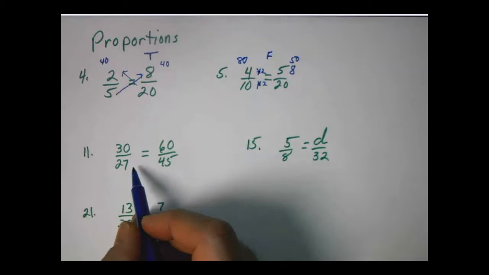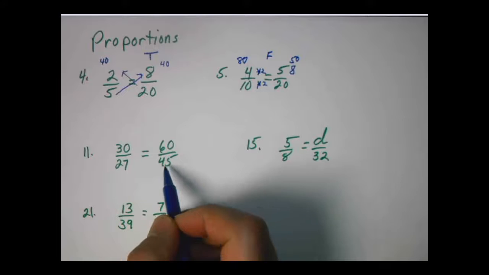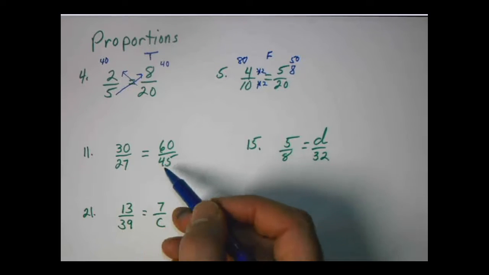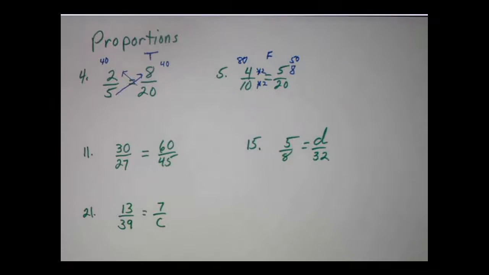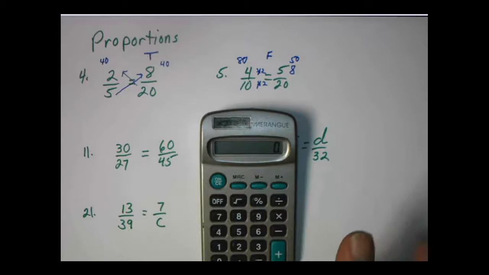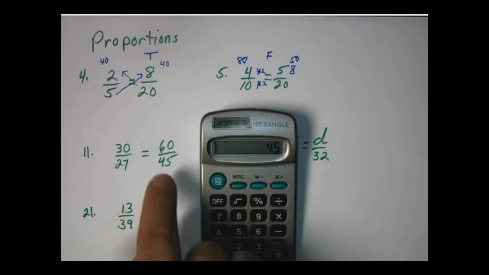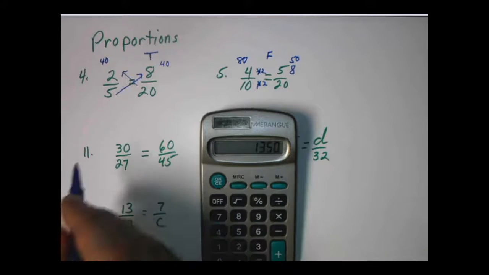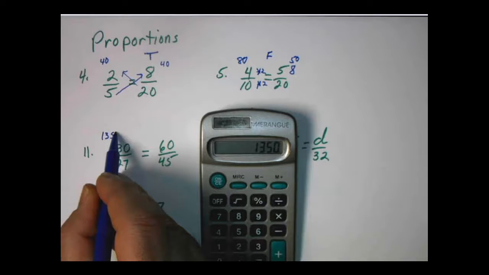Another way to do this, well, look at here, 27 into 45. Well, that doesn't go very well. So this is one of those ones where we would simply use cross multiplication. As the numbers get bigger, we may just want to use our calculator, which is perfectly acceptable here. So we're going to take 45 times 30, and we get 1350.